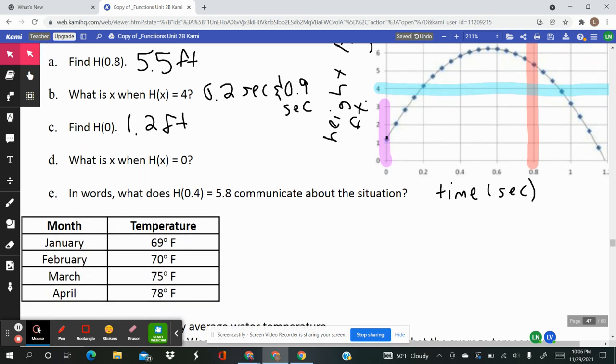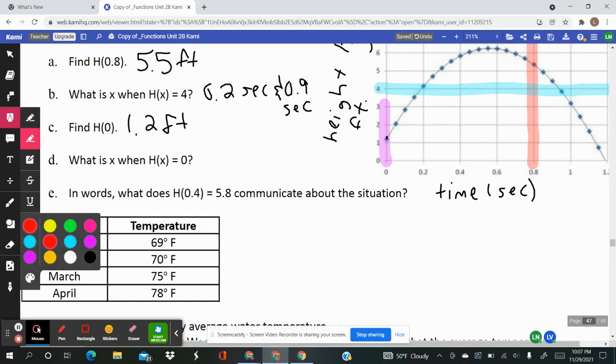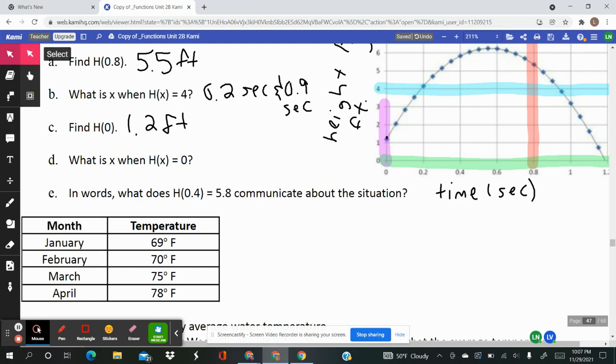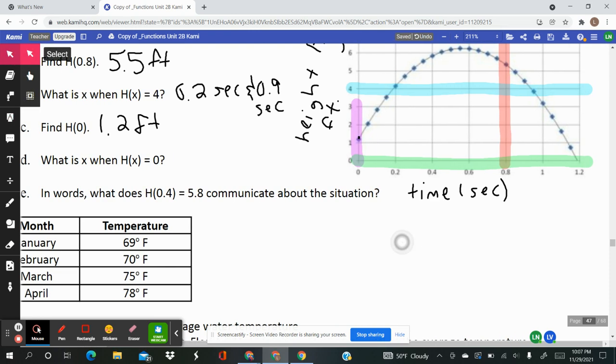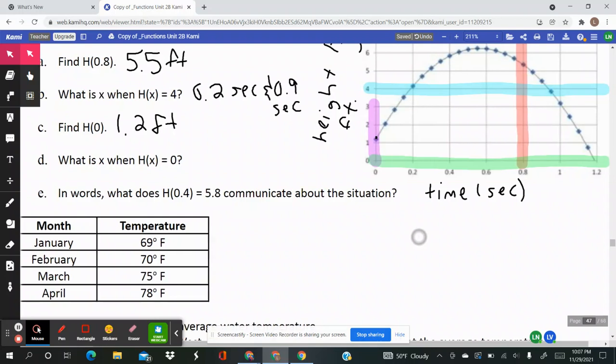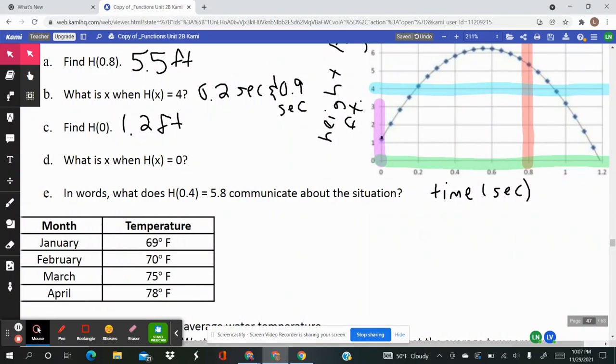For letter D, we're going to find out our X value when we have the height of 0. So the height of 0 is all the way down here at almost 1.2 seconds. So we'll say that's 1.19, give or take.